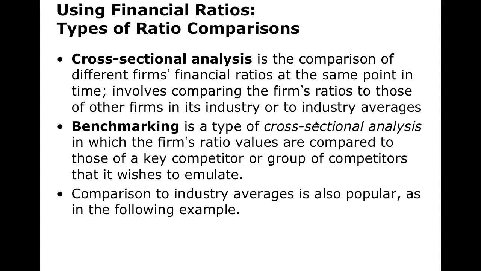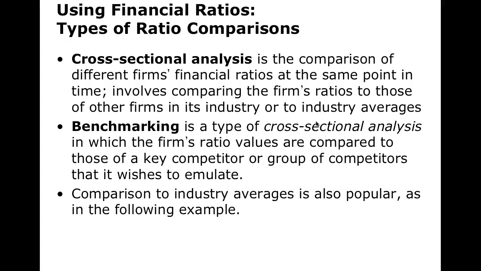Now, you could do a cross-sectional analysis, and this is where you're comparing your company to other companies. So the financial ratios, at the same point in time, how are your company's profit margins compared to similar competitors in your industry? And those industry averages are what you could use to see if you're doing better or worse than your competitors.